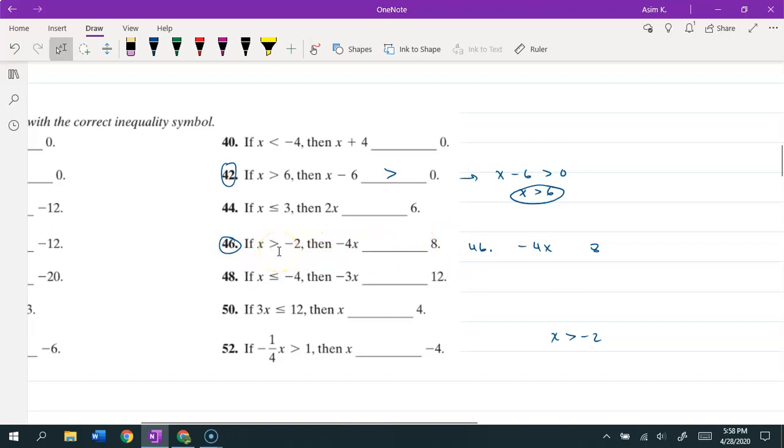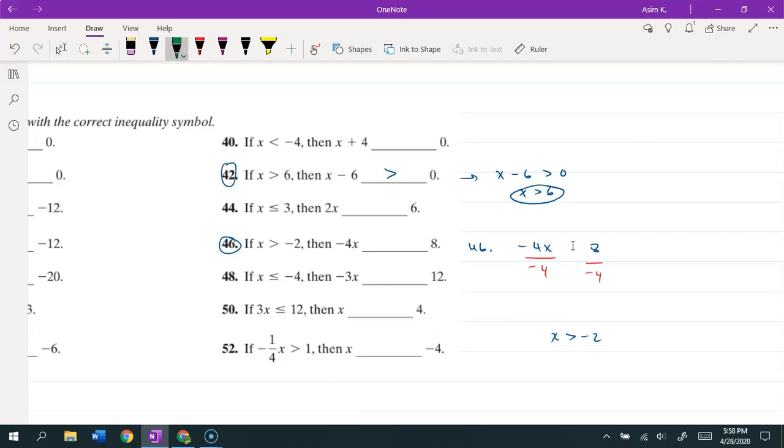So let's think about this really quickly. What did you learn in middle school to solve something like this? With any inequality, you would have remembered that you need to divide by negative 4 on both sides. But recall, this is a golden rule of inequalities: whenever you multiply or divide by a negative, it causes the sign to switch.